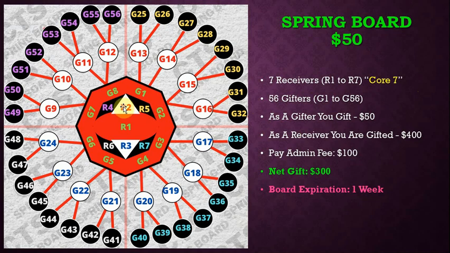Alright? It's color coded as well. So for example, you'll see R2 here. R2 is written in red, and you will see G9 to G16. That labeling is also in red. So that means 1, 2, 3, 4, 5, 6, 7, 8. These 8 members here will be where R2 will get their gift from. Now we have R and G and all these labels here, but in reality it will be names.